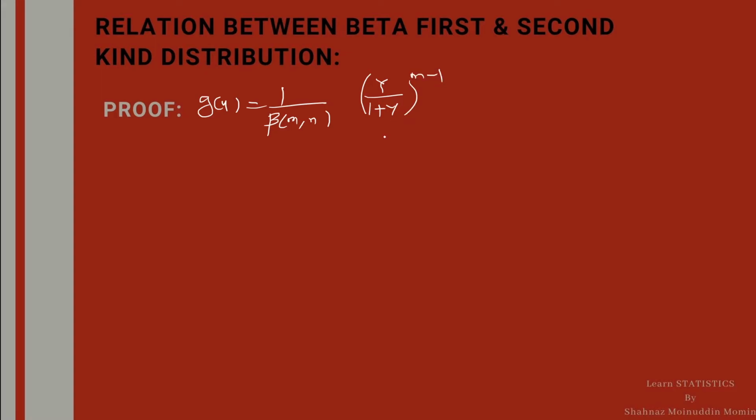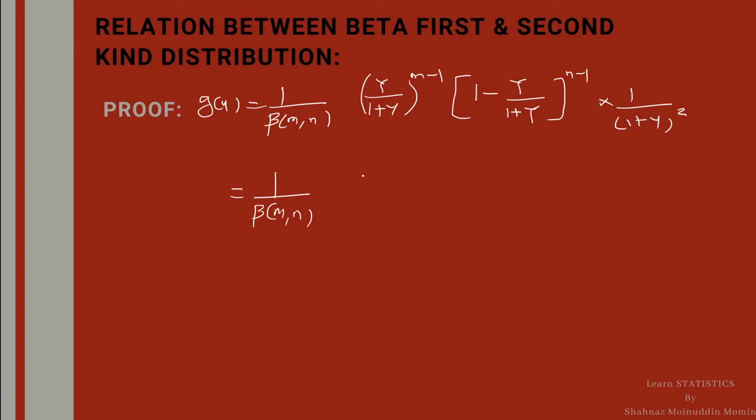I have used the value of x from equation 1, y by 1 plus y, 1 minus y upon 1 plus y raised to n minus 1, into 1 upon 1 plus y square. That gives 1 upon beta m n, y raised to m minus 1 divided by 1 plus y raised to m minus 1 plus 2. I have combined the power of 1 plus y.